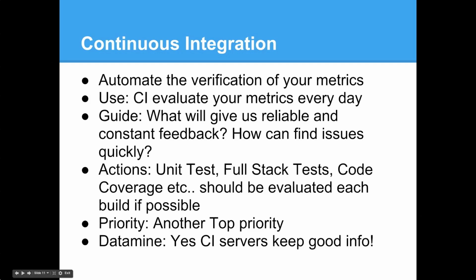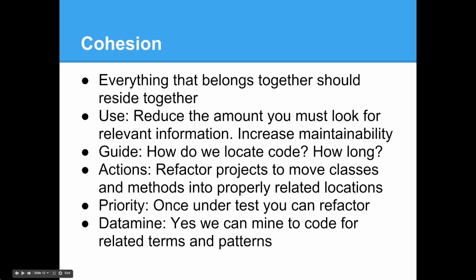How can we find issues quickly? Actions we can take is to unit test, complete full stack tests, code coverage, and it should all be automated by a continuous integration server. This is another top priority. And yes, continuous integration servers can be data mined because they keep a lot of great information.